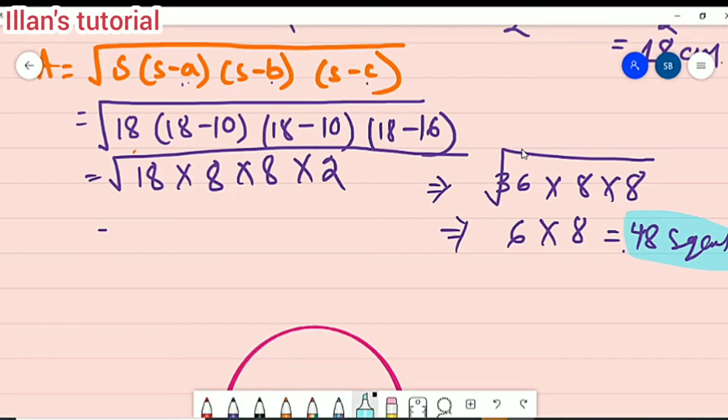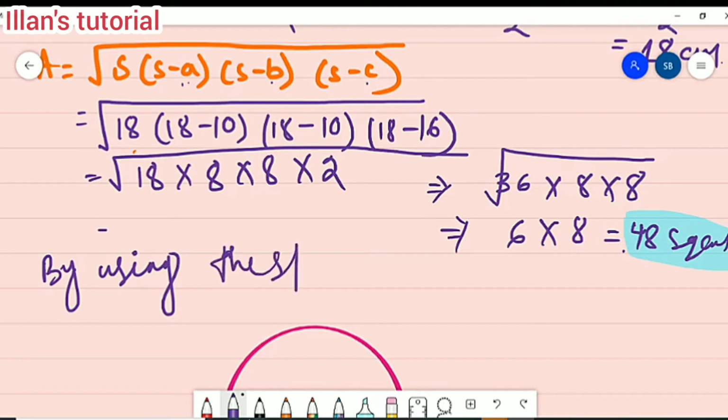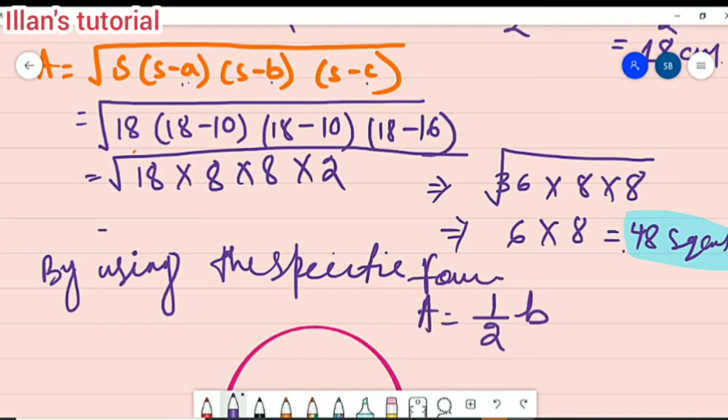It was all about Heron's formula, but now we will use the normal formula, the specific formula, which is half base into height. So area equals half b into h.